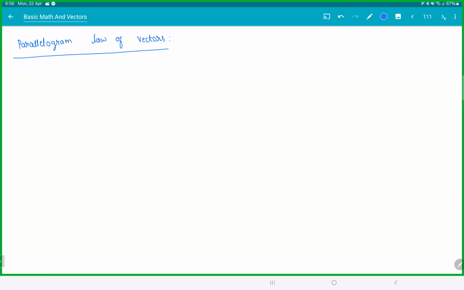So what the parallelogram law of vectors says is, consider two vectors A bar and B bar with an angle theta between them. This is especially useful when they give you two vector magnitudes and the angle between them.